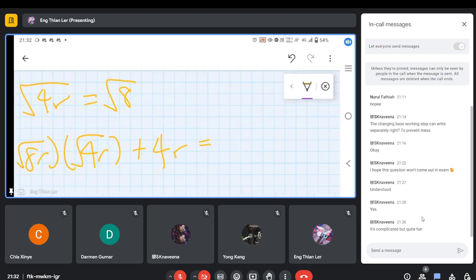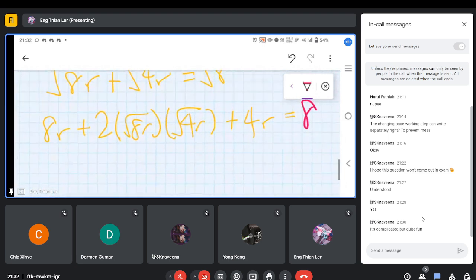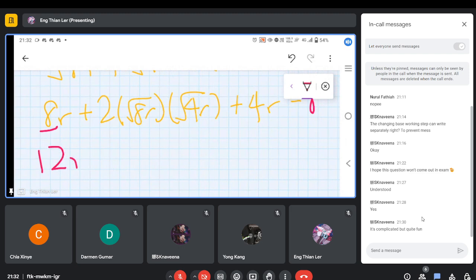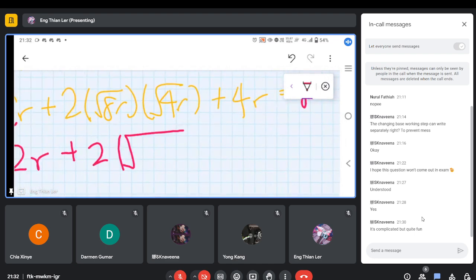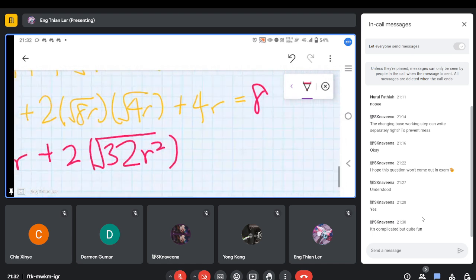And what we get from the 8, we just 8 lah. So this and that add up, become 12r plus, and then 8 times 4 is 32. Don't forget the square root. And r times r becomes r square already. So equal to 8.